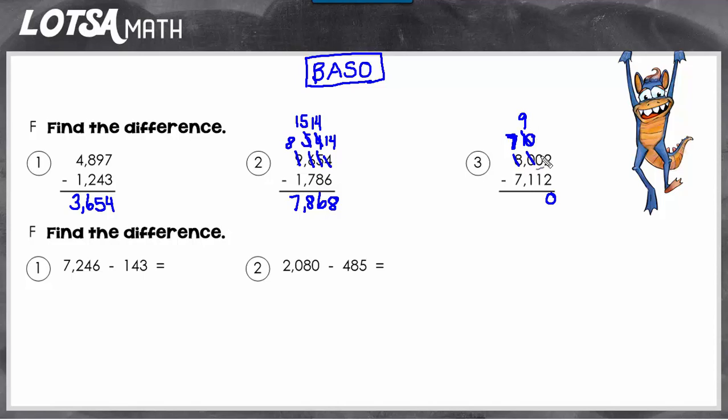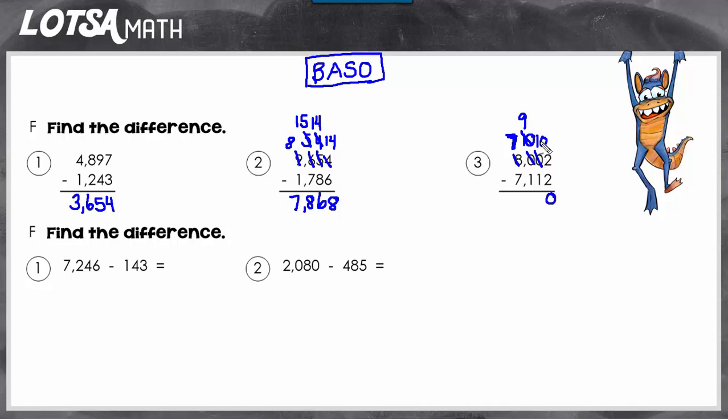We can add it back into the tens place because 10 $10 bills or 10 tens makes 100. So we can add that 10 back in the tens place, and we had 0 before, so now we have 10 more, so that becomes a 10. So we've borrowed and we've added back, and now we need to start over.